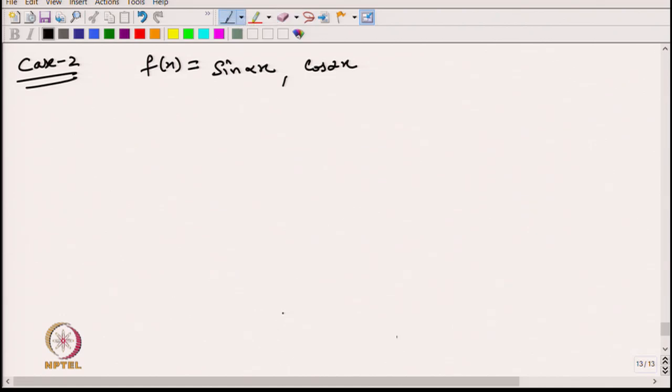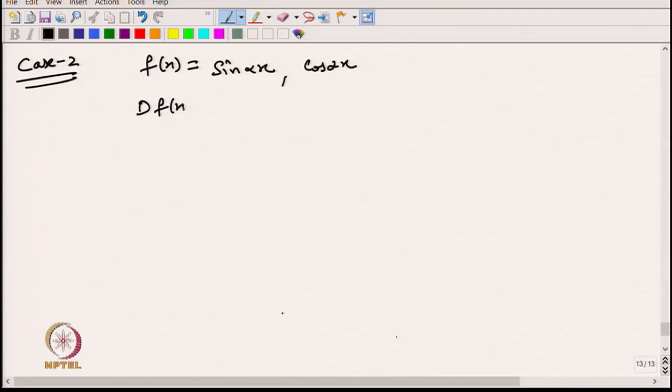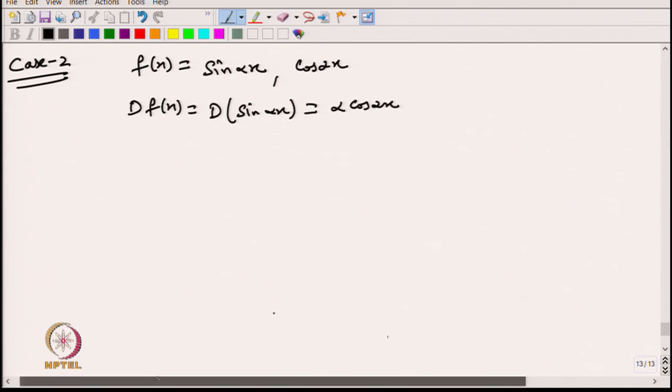Now, in the previous case f(x) was the exponential, but now we have sin alpha x or cos alpha x. So, in this case I will find D f(x). D of sin alpha x, just taking the derivative, will be alpha cos alpha x.